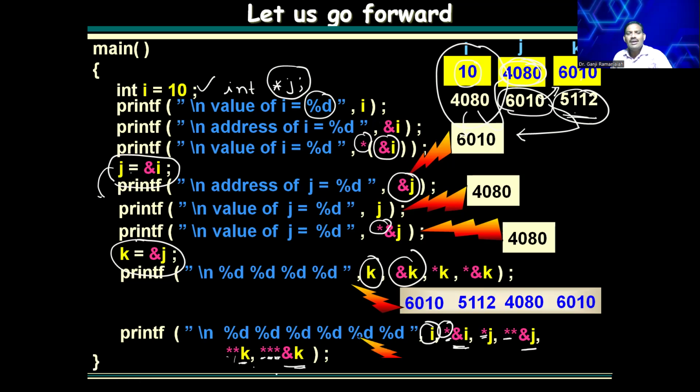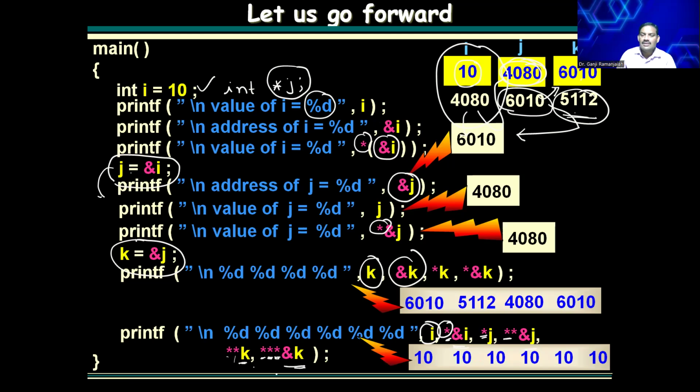You will get all the values in terms of 10. Very important. This kind of question may be asked as MCQs in campus interviews or other examinations where the question paper would be very tough. Such questions may be asked.